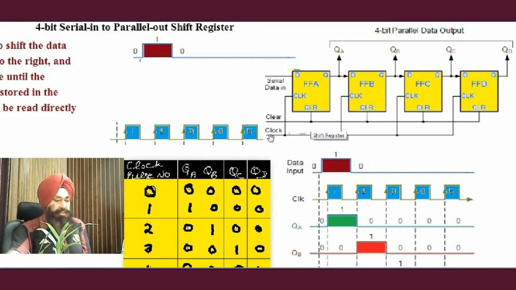So the clock is disabled, and outputs QA, QB, QC, QD are all zeros.